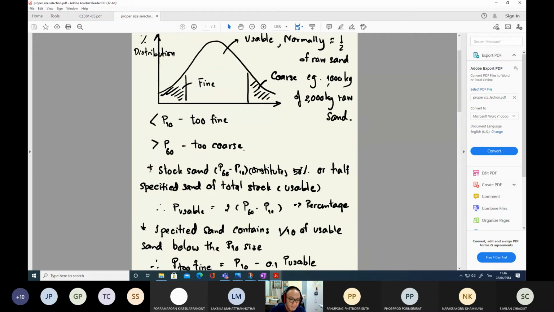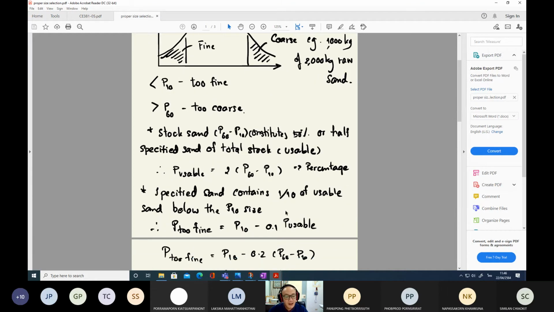And I put the star here and here. The star indicates the nature of the sands. Normally, the specified sands contain about 1/10 of the usable sands below the P10 size. So the P25 is equal to P10 minus this one, 10% of the P usable.